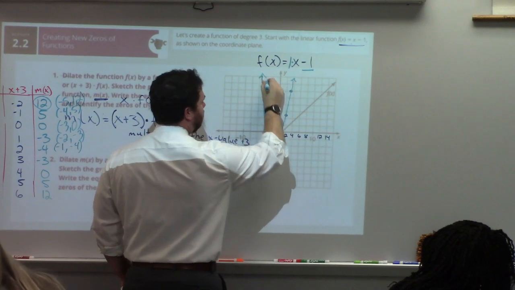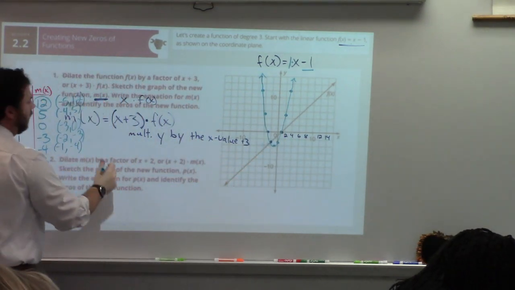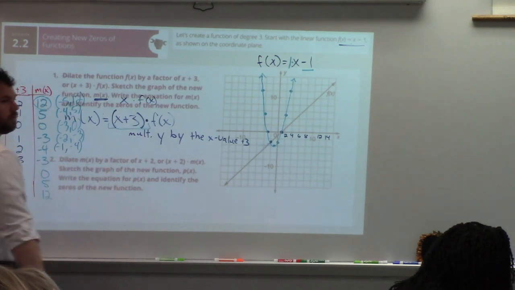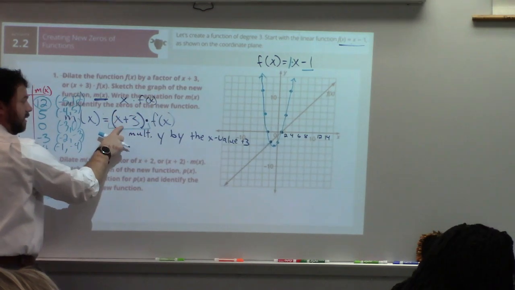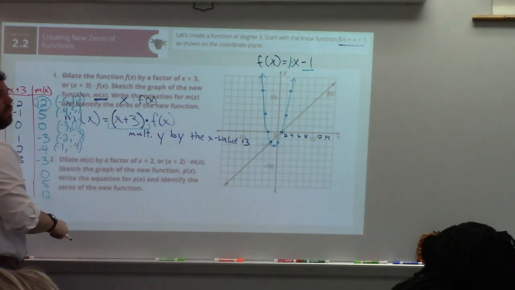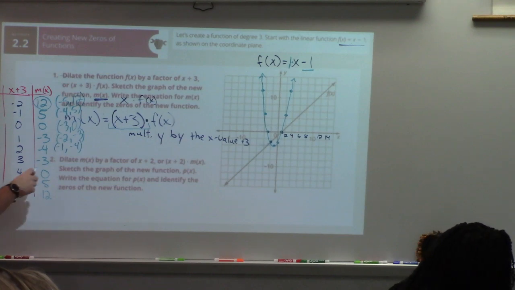Well, we only got one. Well, there's x minus 1, right? And what did we dilate it by? Oh. So that was linear, and this is linear. We just ain't plotted. We just didn't graph the x plus 3 yet. Okay. Alright. Yeah, I still got a parabola though.